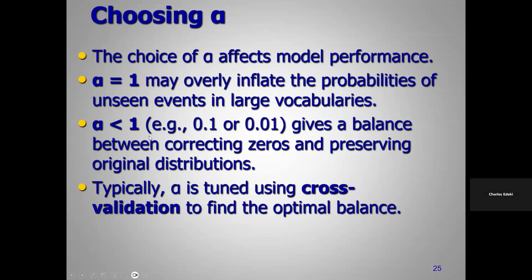Less than 1 gives a balance between correcting zeros and preserving observed data. But typically alpha is tuned using cross-validation to find the optimal balance. Most of the time, the optimal value should be somewhere around 0.5.